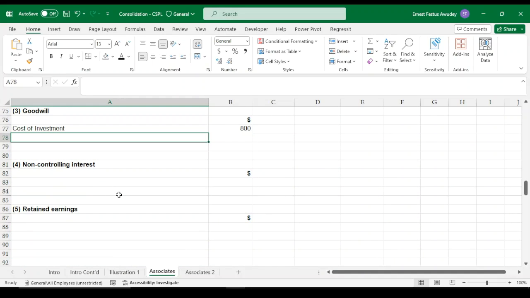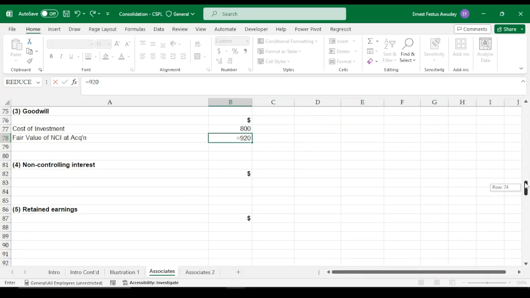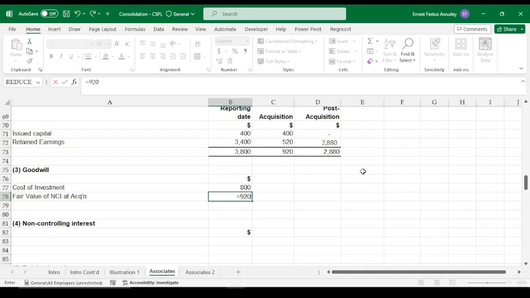So we'll have fair value of NCI at acquisition, and that is going to be equal to our 920, which is the net asset figure, this particular figure here. So let me link that up rather.